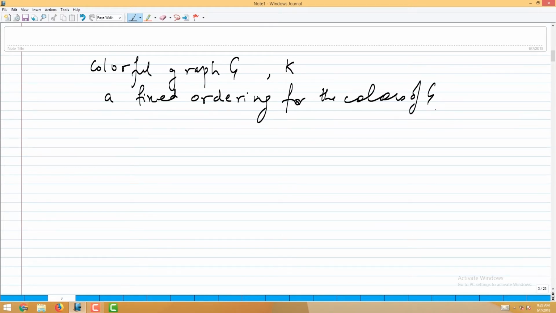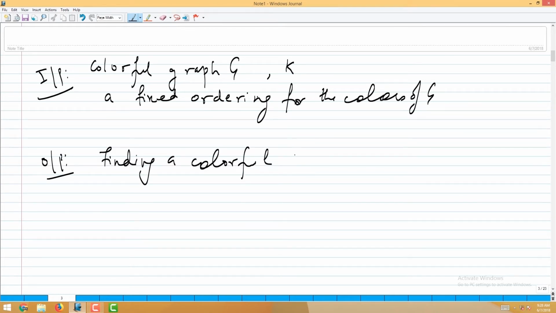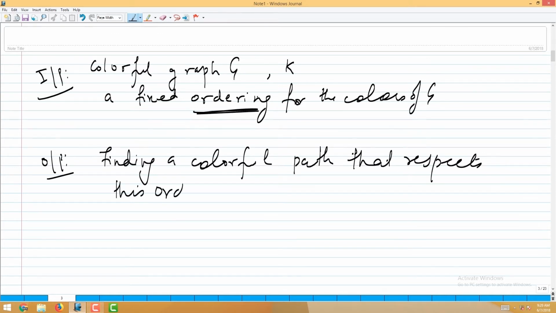So 1 to k were the colors, and we have a permutation of the colors. And what we are interested in, so let's say this is the input, is finding a colorful path that respects this ordering that is given to you.